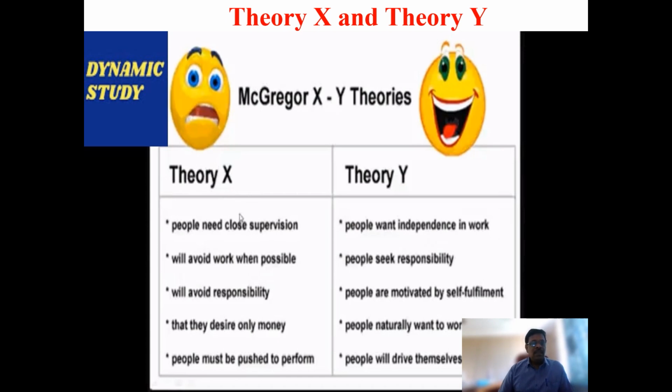They will avoid work when possible, and if not concentrating on supervision, they will escape from their work. They will avoid taking any responsibility. They desire only the compensation given by the company. So this type of people have to be pushed to perform the work.